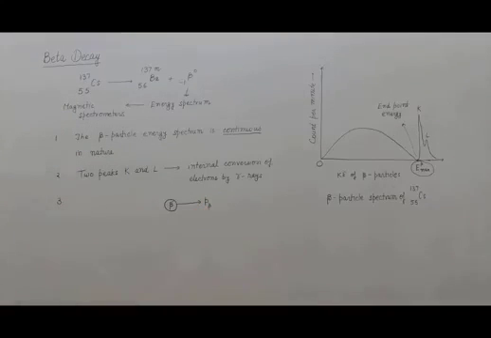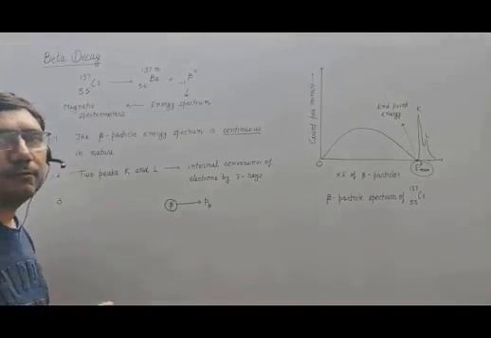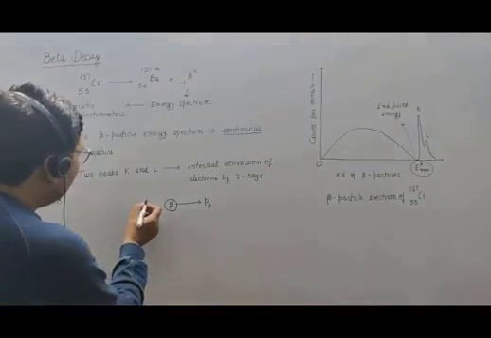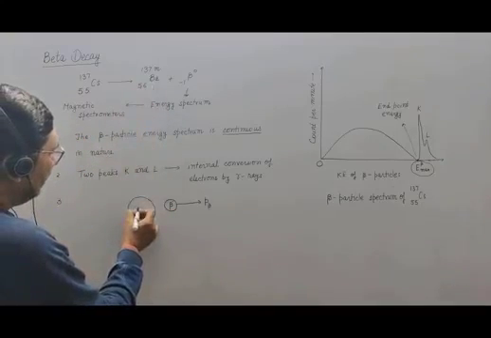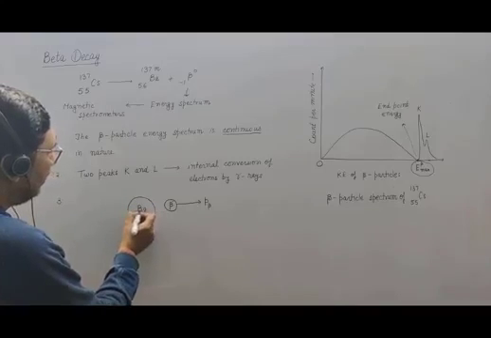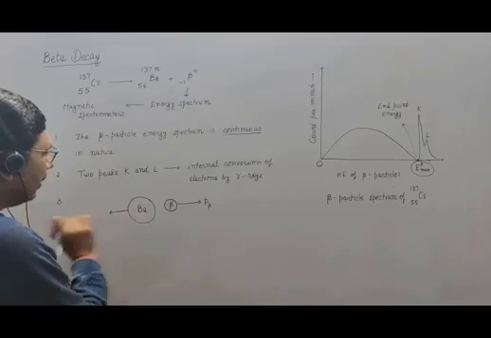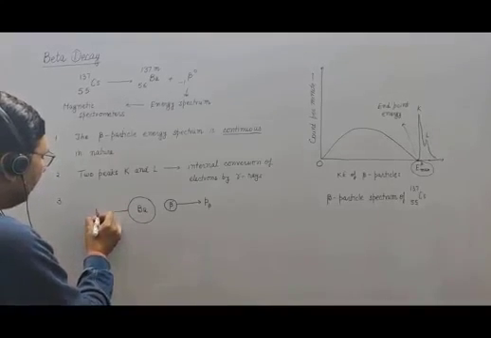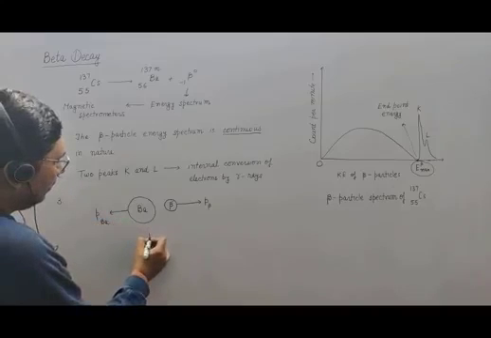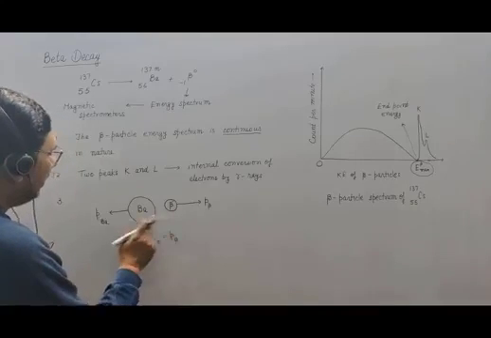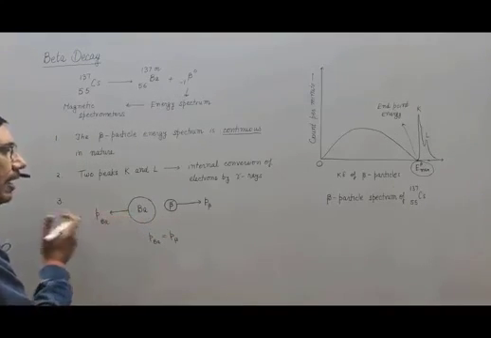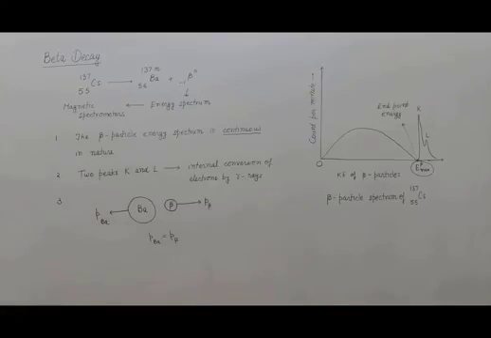Then according to conservation of linear momentum, the recoil momentum of this daughter nuclei, P Ba, should be exactly equal to p beta, the momentum carried by this beta particle, and it should be in the opposite direction.